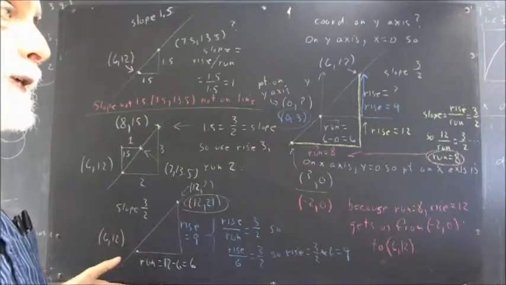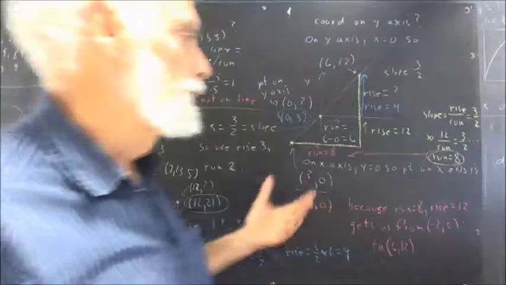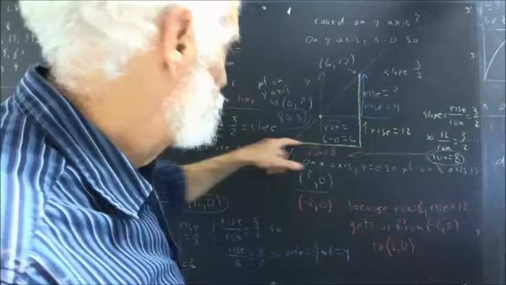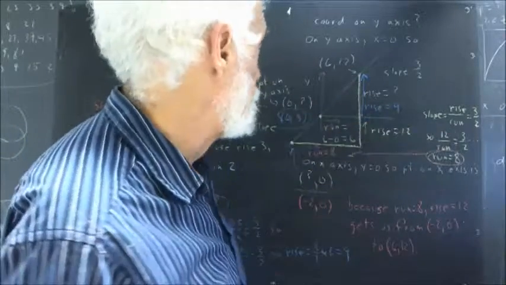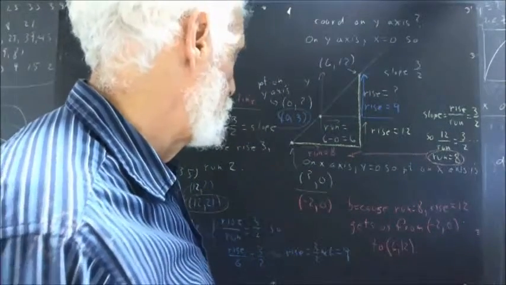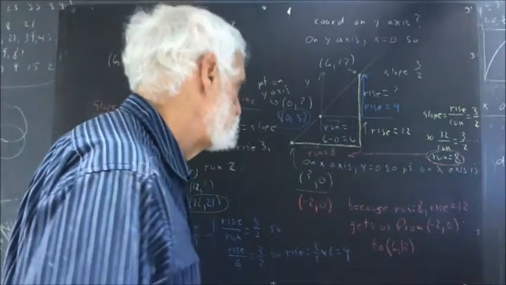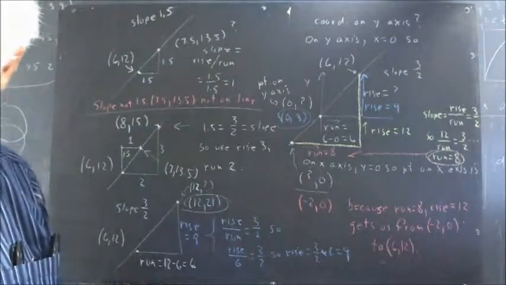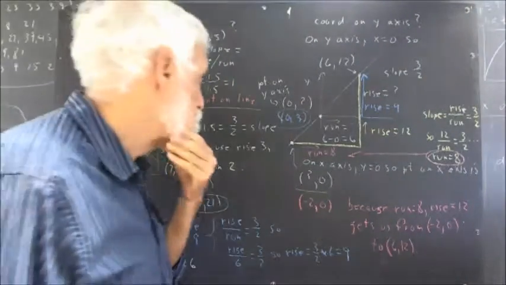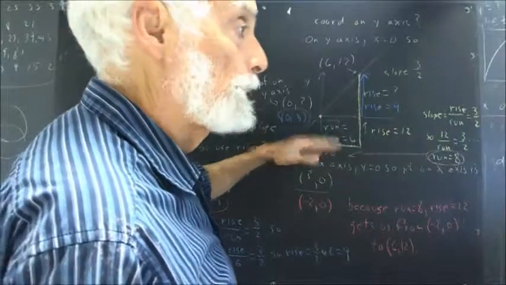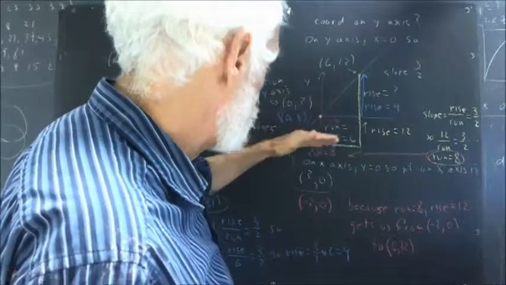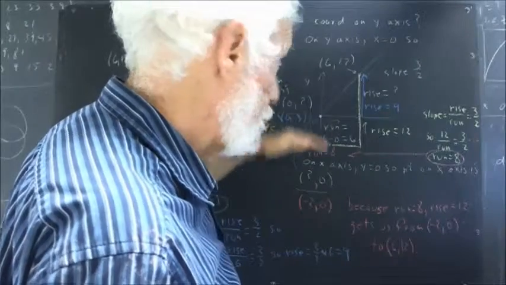Okay, then we want a point on the x-axis. Now, the diagram's getting a little cluttered, but I've used yellow for all the calculations that go with finding a point on the x-axis. (0, 3) is still above the x-axis, so the x-axis is going to be somewhat below this point.